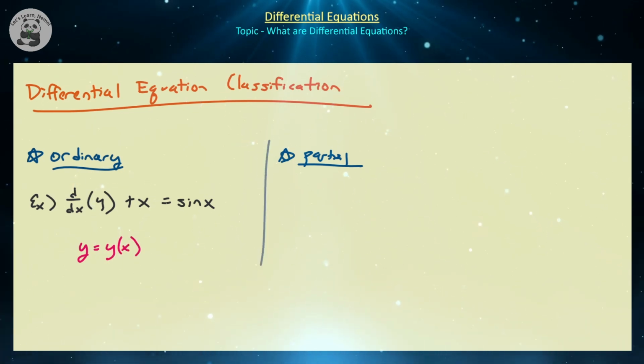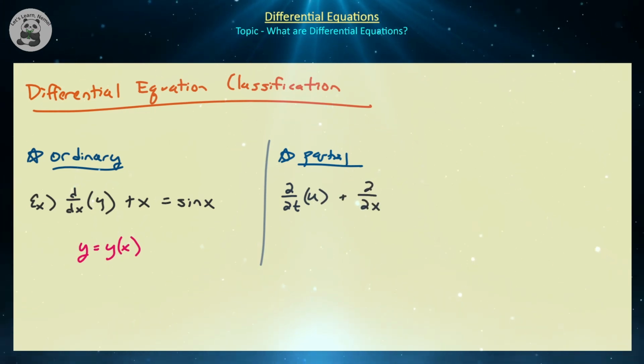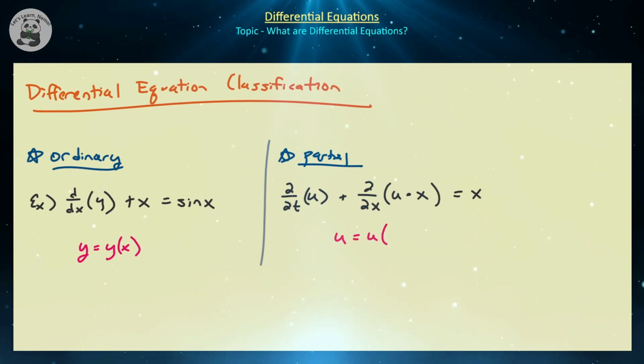Whereas on the partial derivative side, you would have something like the partial derivative with respect to t of some function u plus the partial derivative with respect to x of some function u times the variable x is equal to just the variable x. Here I'm assuming that u is a function of both x and t, and potentially other variables that aren't appearing in this particular equation.